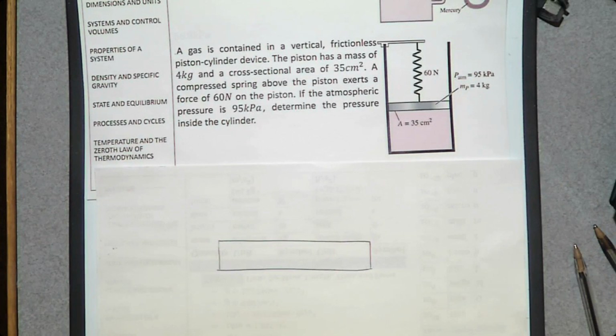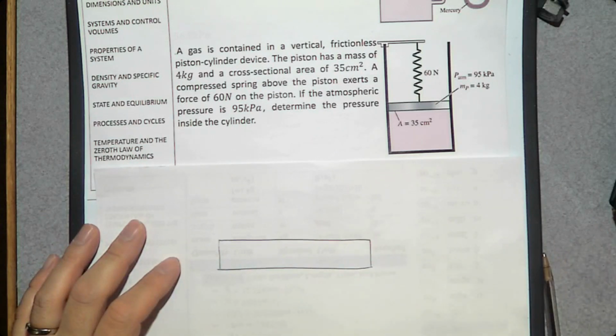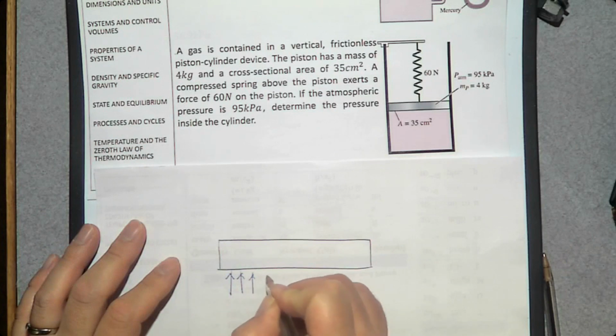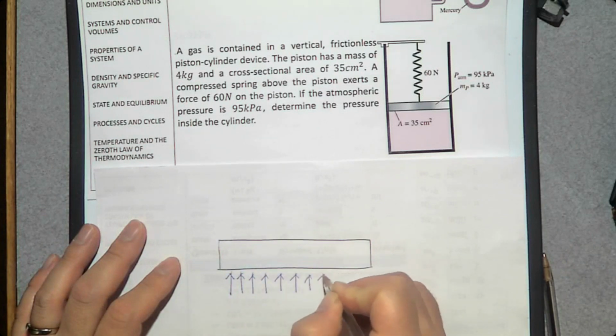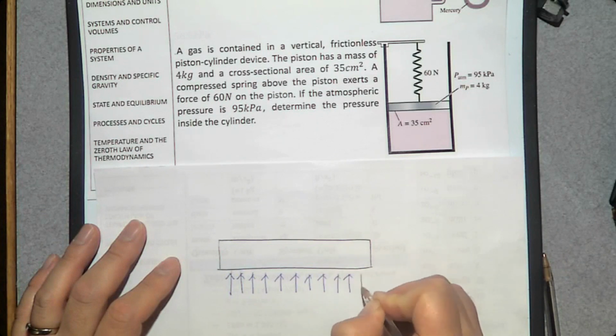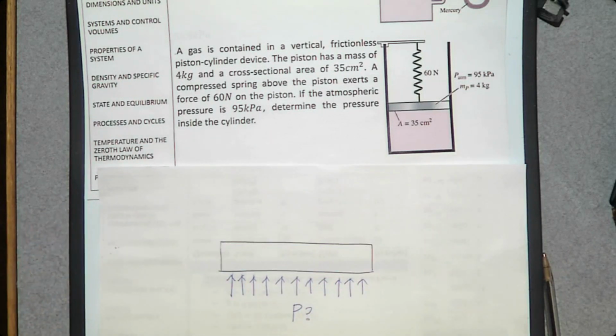So what kind of forces are there? First, we can think about the pressure by this gas inside the cylinder. So there is a pressure by the gas acting on the bottom surface of this piston. The pressure value is unknown, so this P is what we want to determine.